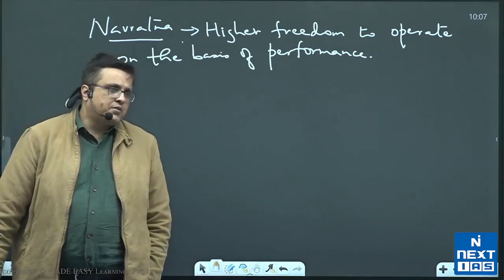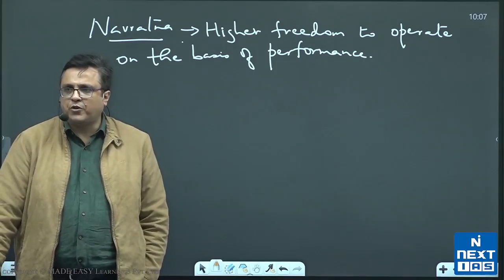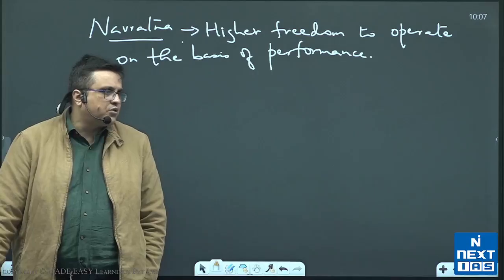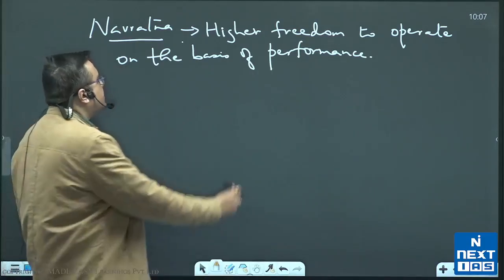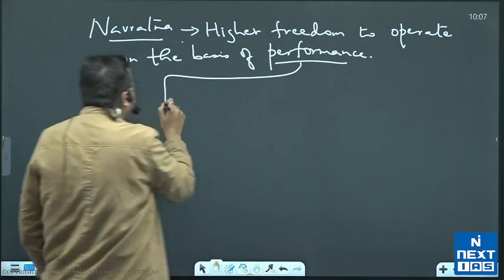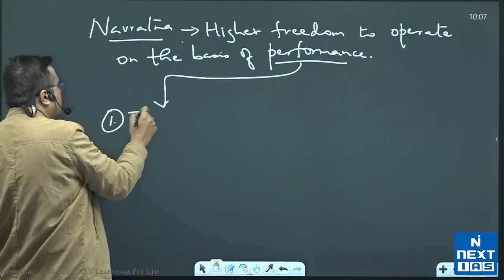Higher freedom to operate on the basis of performance. All right, freedom was given to the public sector to operate on the basis of performance. And how will the performance be assessed? So to assess the performance, they said that we will be judging you on turnover.